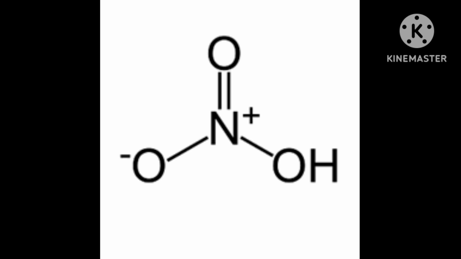This is the condition. The catalyst can be platinum or rhodium gauge, temperature 500 Kelvin and pressure 9 bar. Then you will get nitric oxide, NO. Means 4NH3 plus 5O2 gives 4NO plus 6H2O.